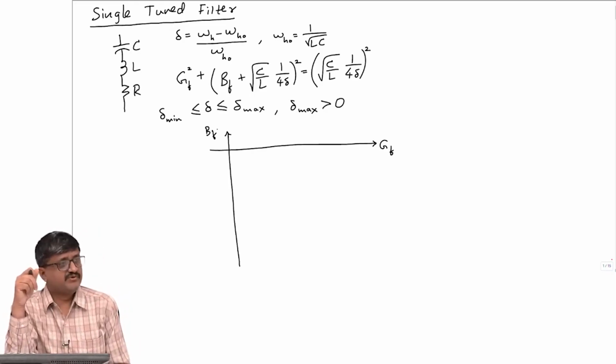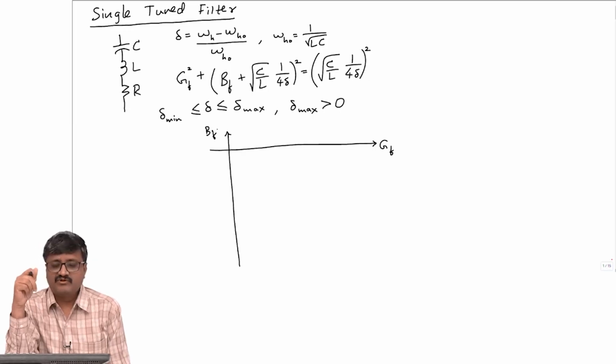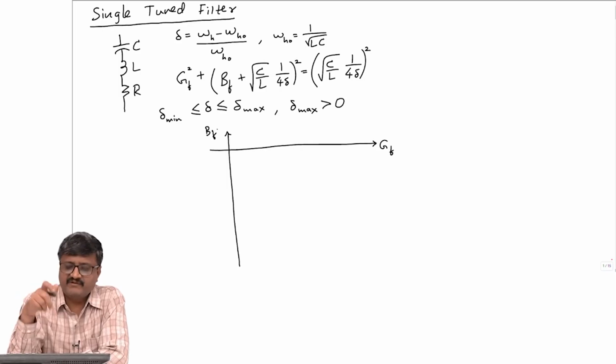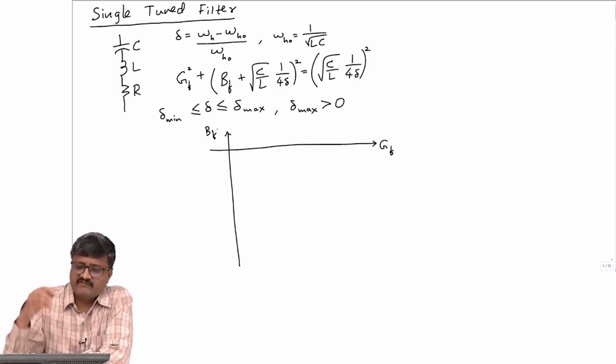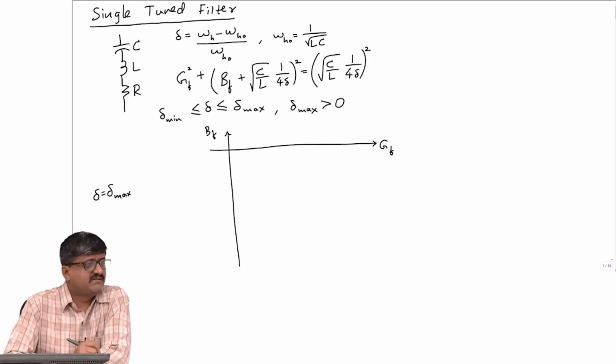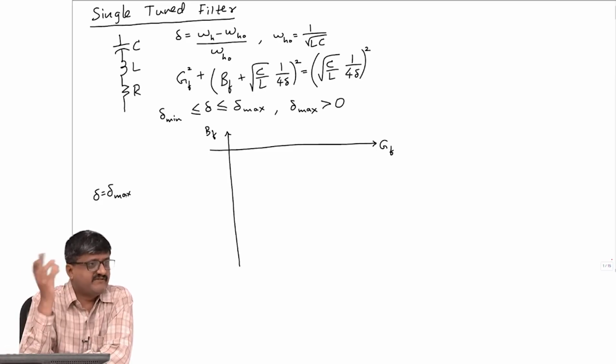Now, when it comes to showing the graph of this equation, I will take delta equal to delta max. There are two extreme values, delta min and delta max. These are the worst case values.